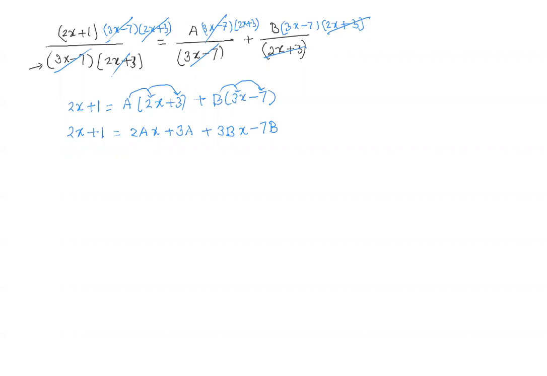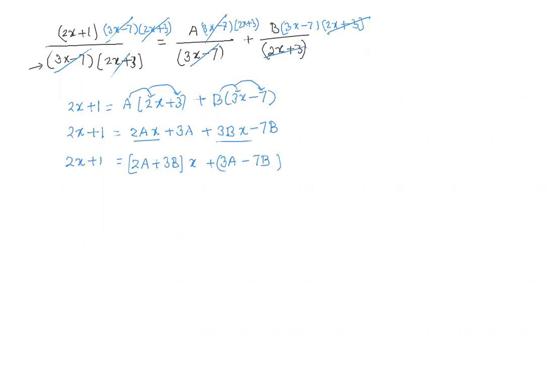All right, so 2x plus 1 is equal to, now combine the terms that have x's in them. So it's going to be 2A plus 3B times x plus 3A minus 7B.